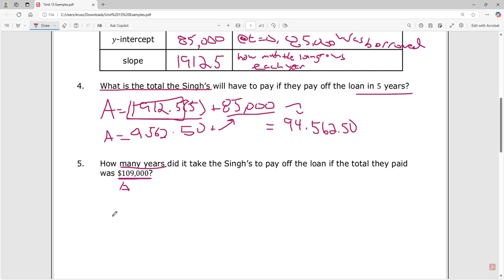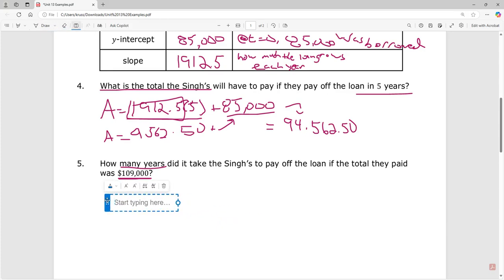So A was 109,000, and that's going to be equal to 1912.50 times the time, and then plus the 85,000. Right, so now I have to figure out what t value is, solving for t.